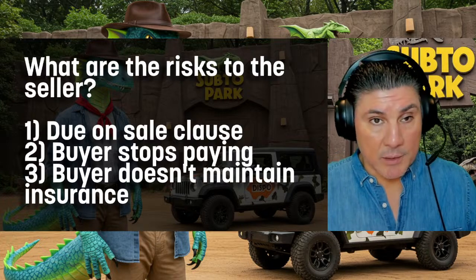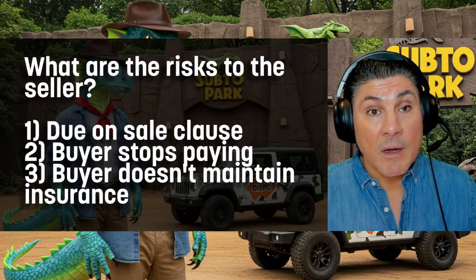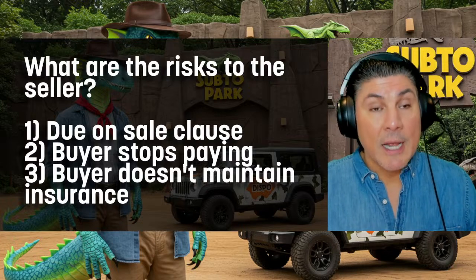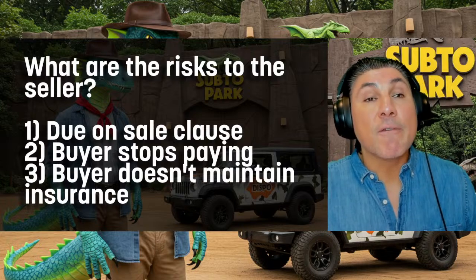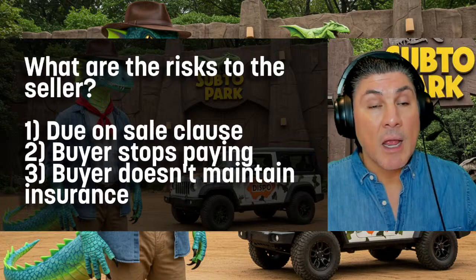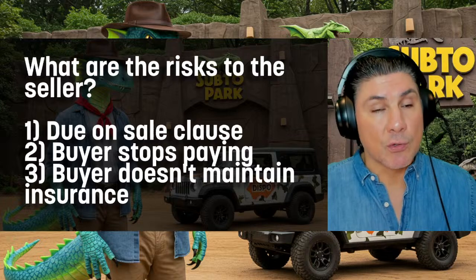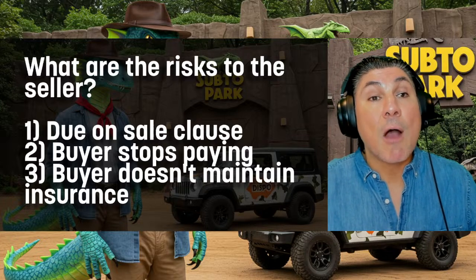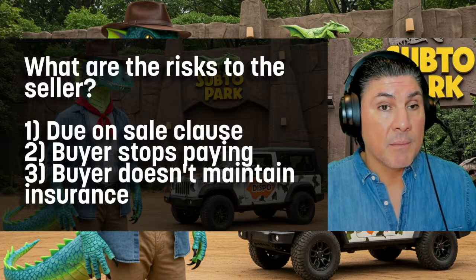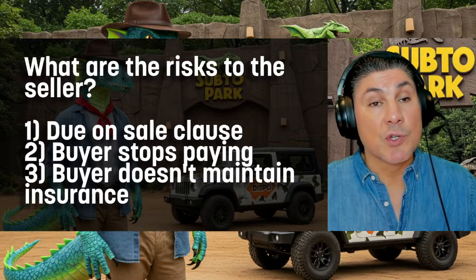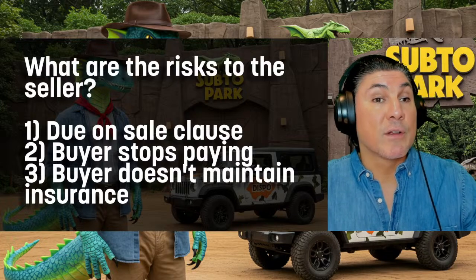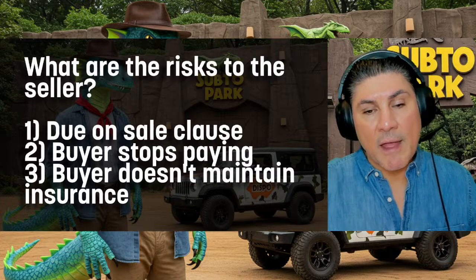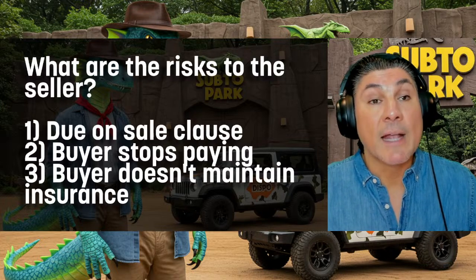That also means that if the homeowner decides to transfer title from their personal name into a trust, into an LLC, into their spouse's name, to their children, to their family, any time there's a transfer, that due on sale clause could be triggered.